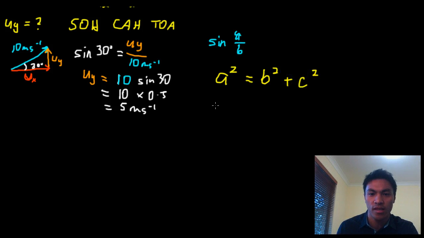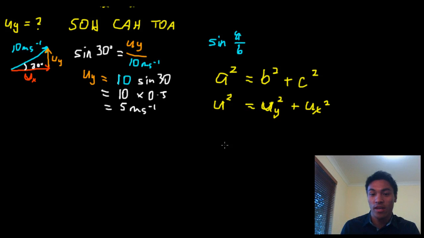If you think logically, our resultant initial velocity squared should equal our initial velocity in the y direction squared plus our initial velocity in the x direction squared.